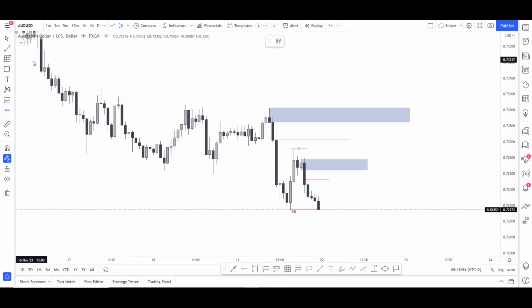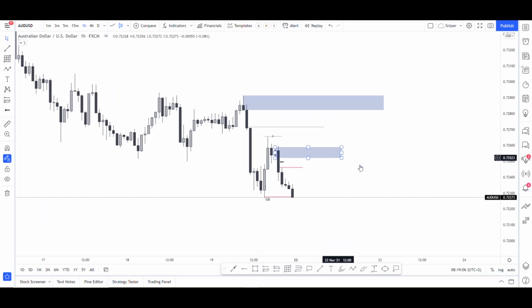So depending on market open, this could be a returning point or this one. Those are the levels that I'm currently spectating and having my eyes set on.